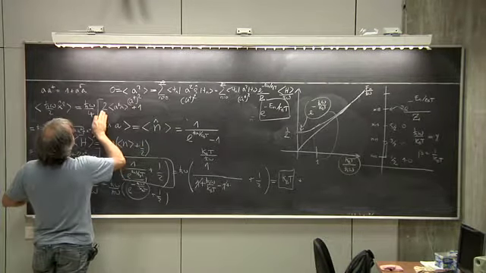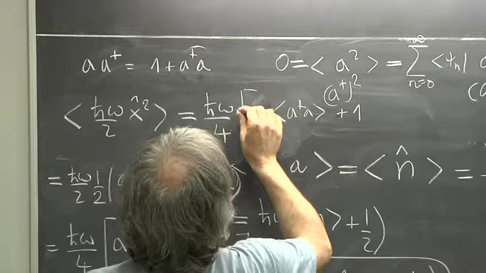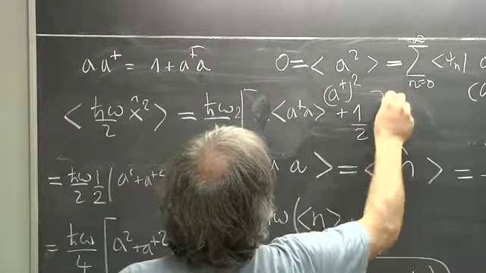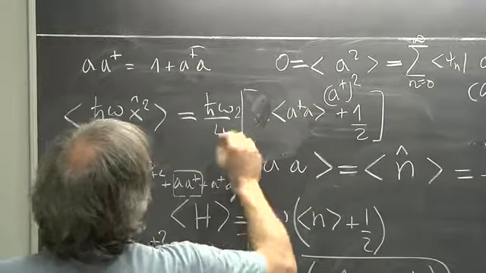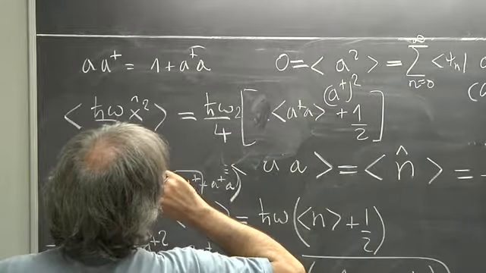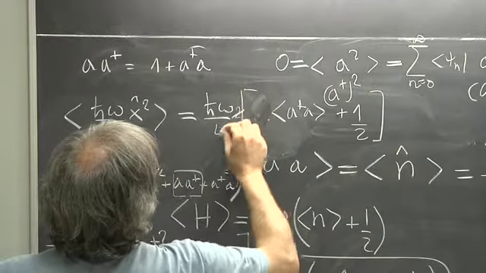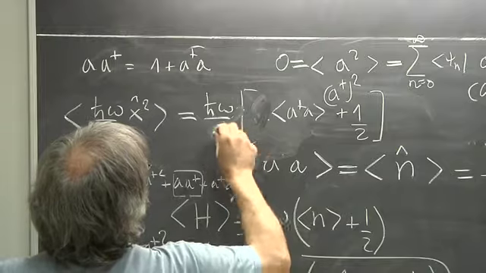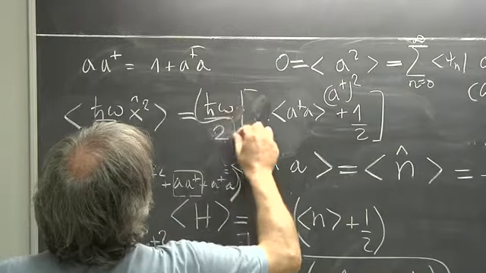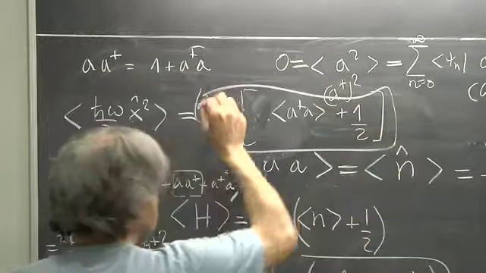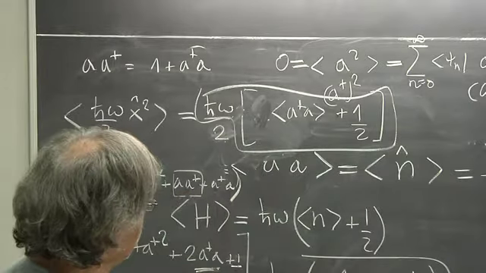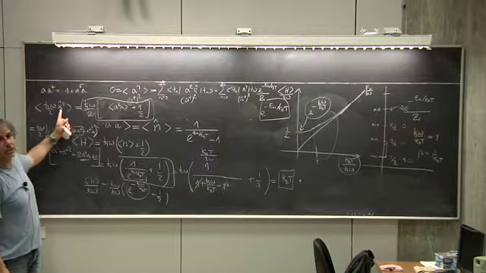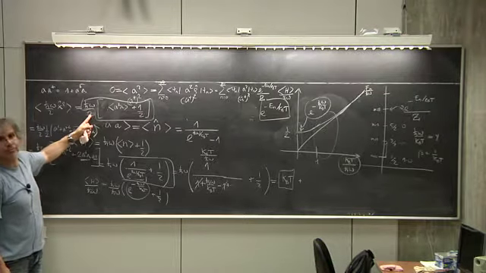Now, let me just put here the factor 2, and here a 1/2. So you realize that this is equal to 1/2, and what you have here is the average energy. Yes, it is still here. So the average potential energy is the average energy divided by 2.